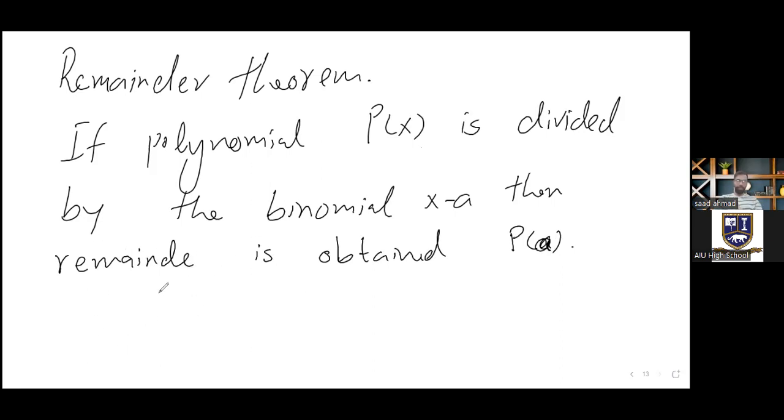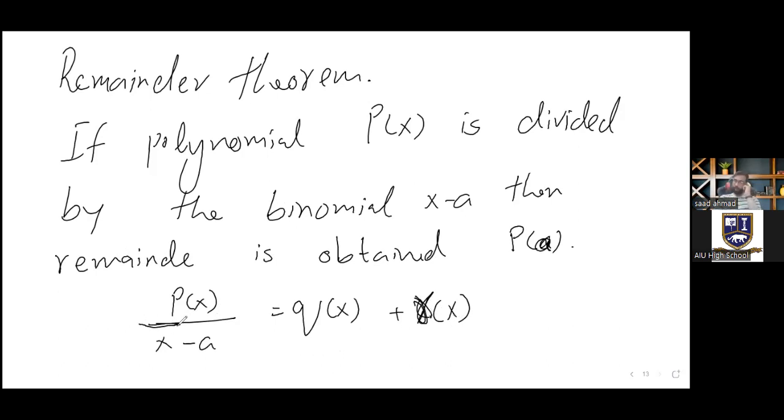So let's say p of x divided by x minus a, you will get a quotient plus a remainder. When we divide a polynomial by a binomial x minus a, we get a quotient and a remainder.